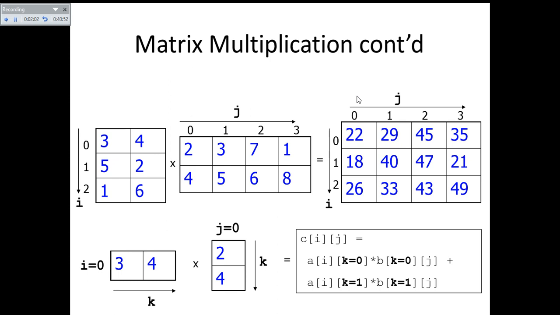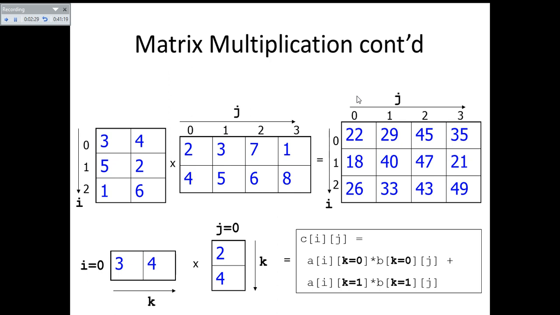Here you are multiplying 3 with 2, and then 4 with 4, so you are multiplying i comma k with k comma j.